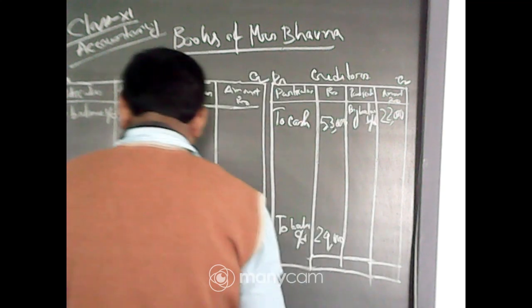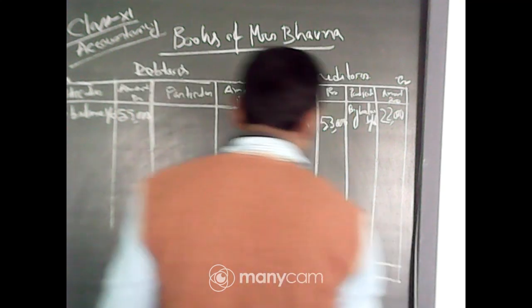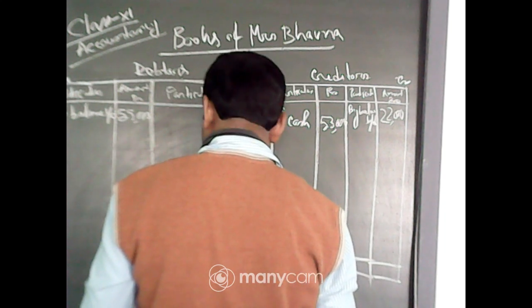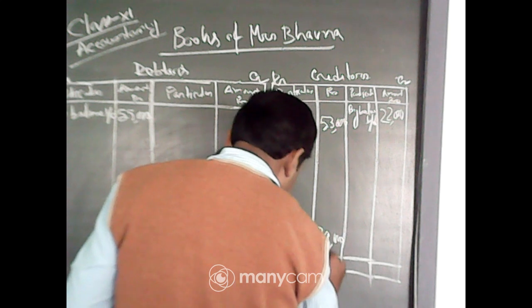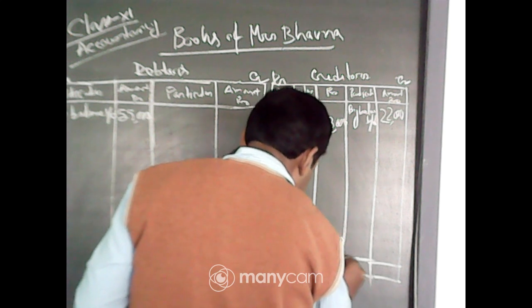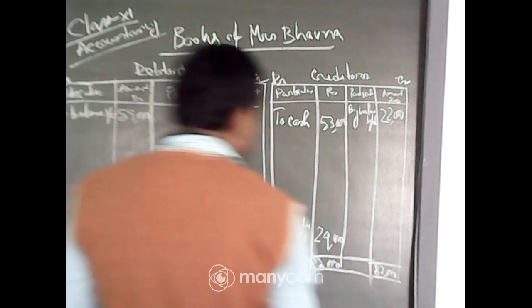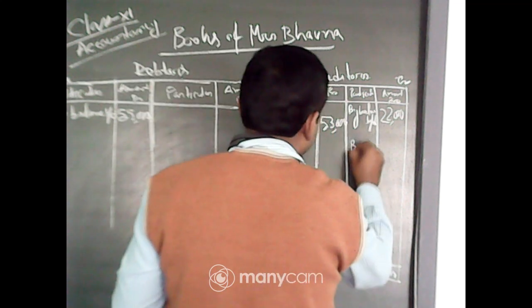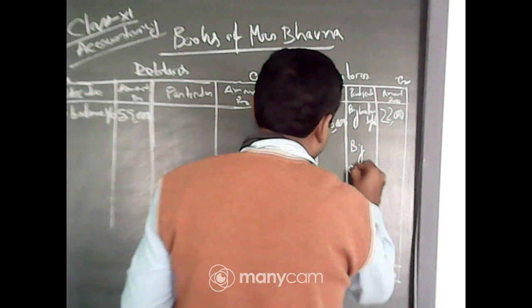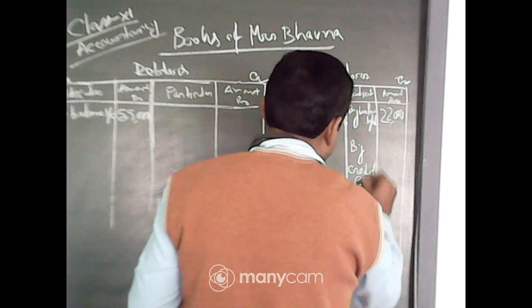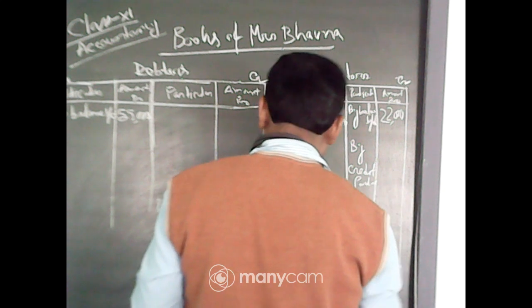Okay. Now the debit side is 53,000 and 29,000, that means 82,000. On the credit side also 82,000. Now the balancing figure will be by credit purchase, that is 60,000.